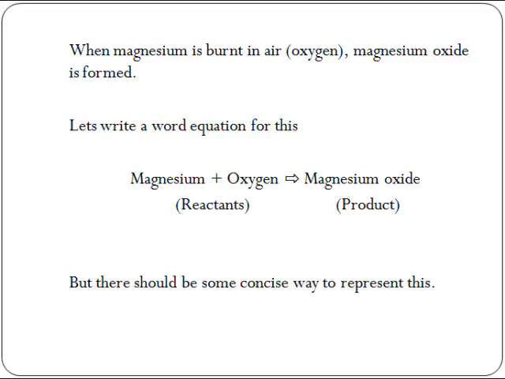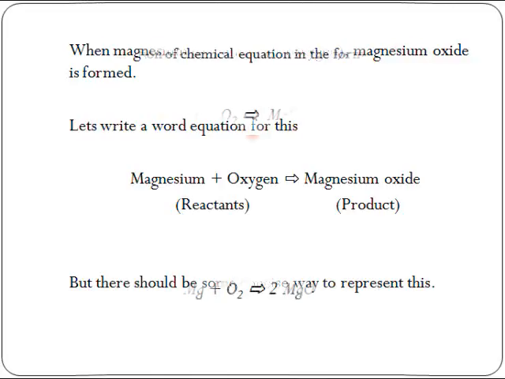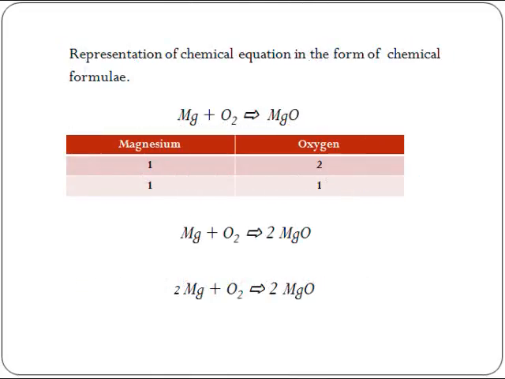But there should be a concise way to represent this. Hence, we represent the chemical reaction in the form of chemical formula. So, instead of writing magnesium, we'll write Mg, and instead of oxygen, we'll write O2, and it gives MgO, that is magnesium oxide. But we can see that the equation is not balanced, so there is a need to balance the equation.